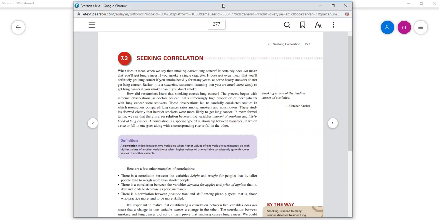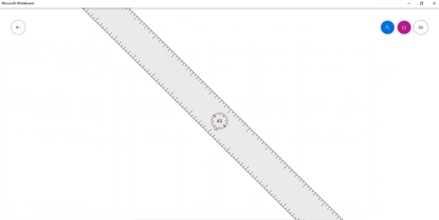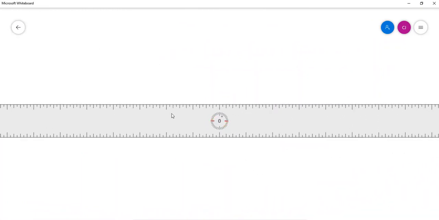And so I'm going to move this out of the way for a minute and just draw a line over here. Okay, I'm going to start. And again, I'm going to draw a line. So I figured out how to get a straight line with this ruler function.